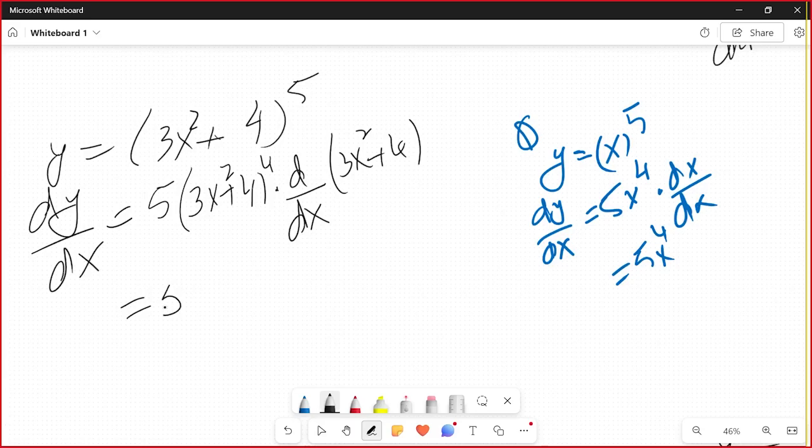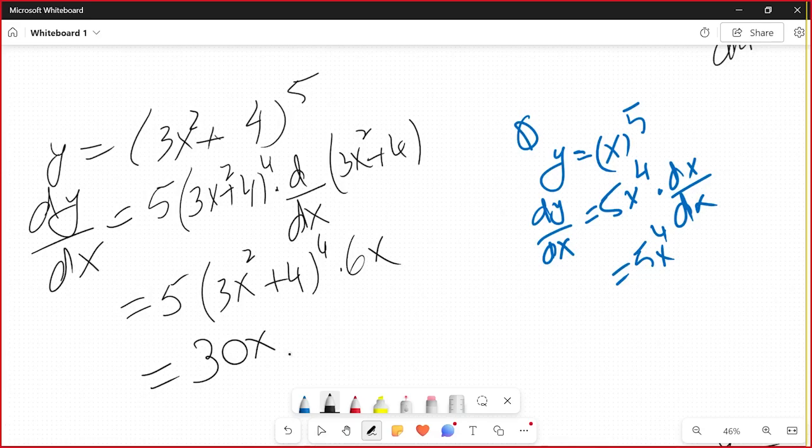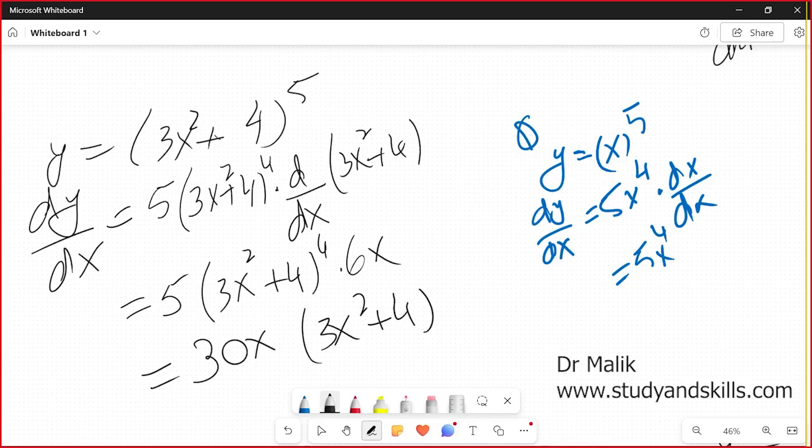So we have 5 into 3x squared plus 4 raised to the power 4. What is the derivative of this? 6x. So this becomes 5 times 6, 30x times 3x squared plus 4 raised to the power 4.